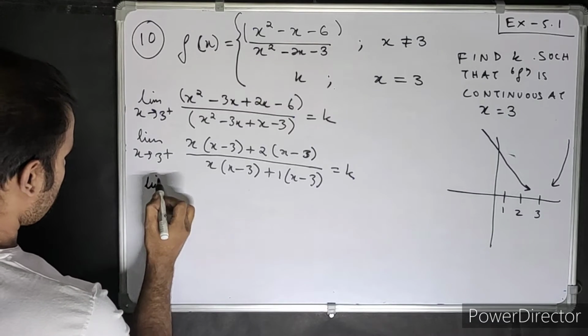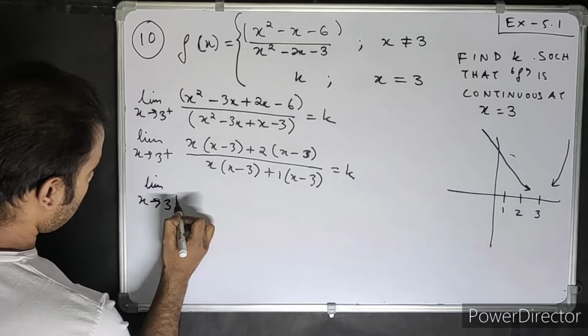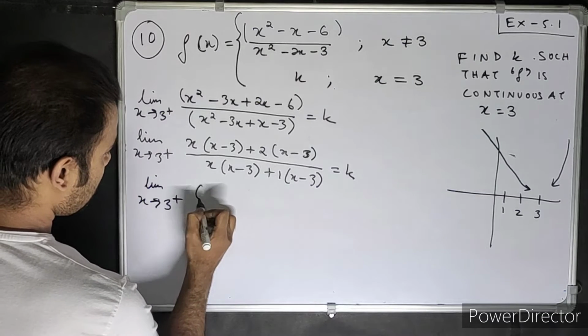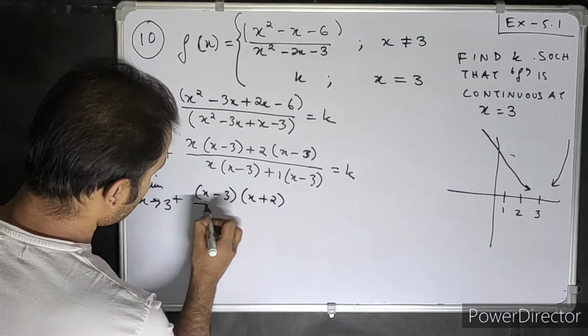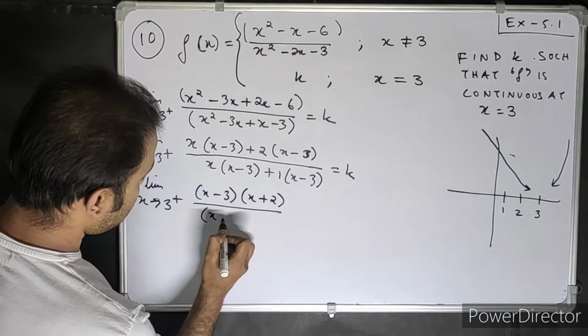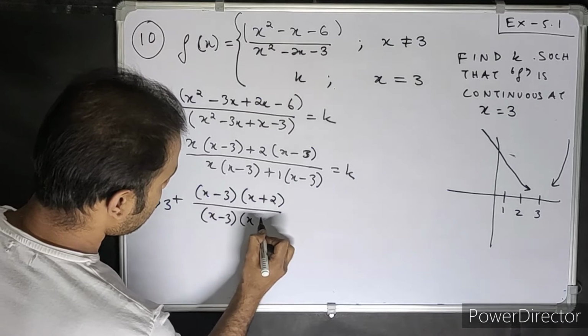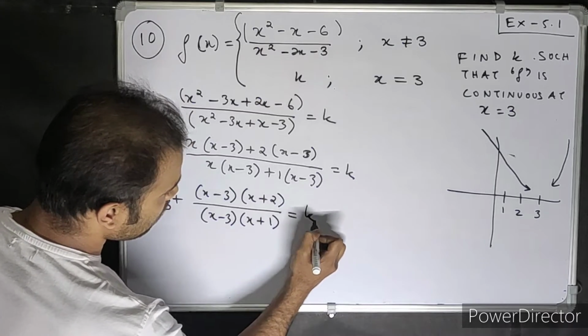So limit x tends to 3 plus (x minus 3)(x plus 2) divided by (x minus 3)(x plus 1) equals k.